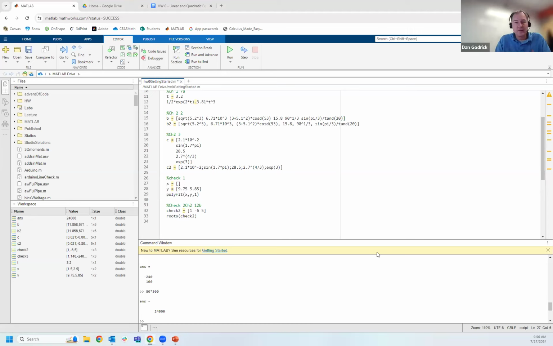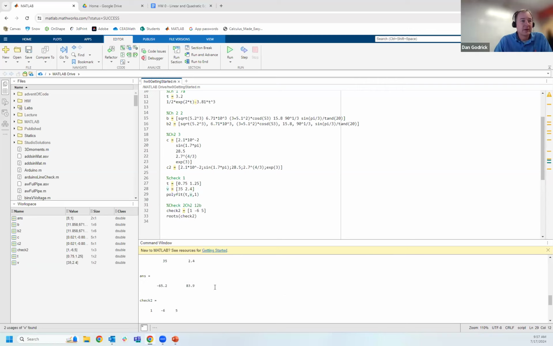We said that the time was our x, 0.75 and 1.25, and our velocity was 35 and 2.4. Let's call this t and that v. If our x was t and our velocity was our y, let's see how that works.